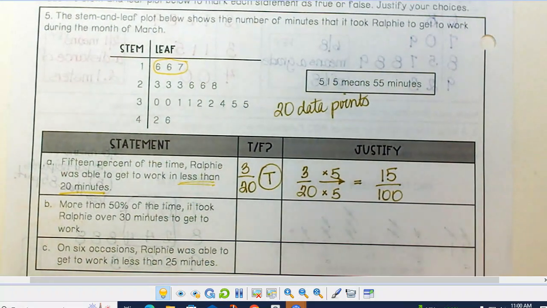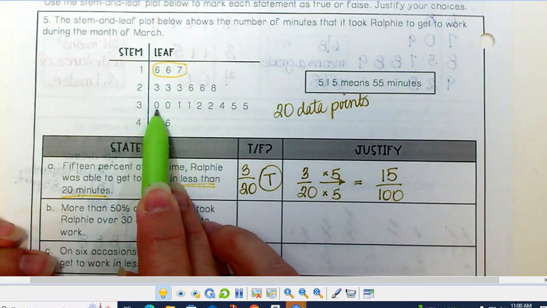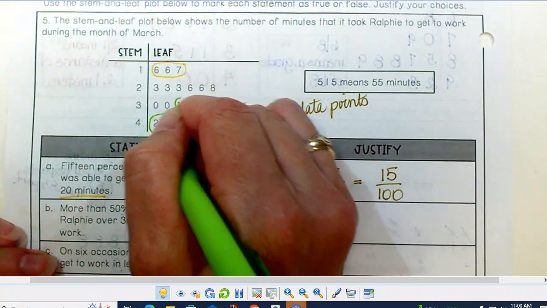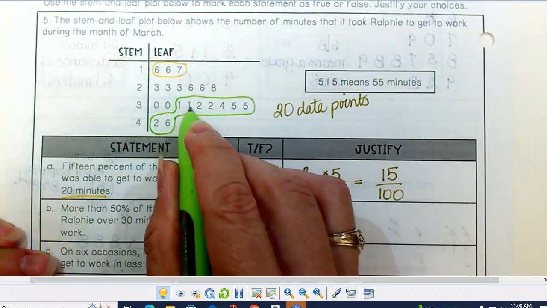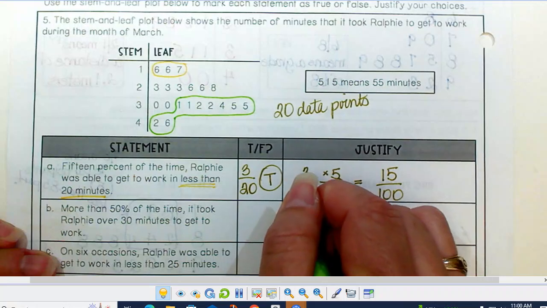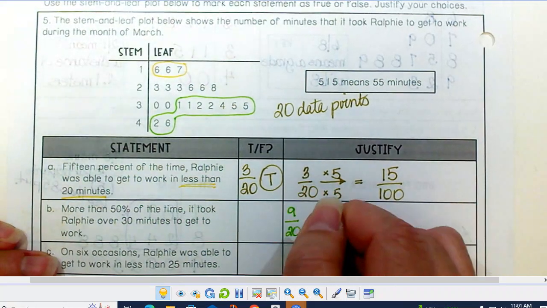More than 50% of the time, it took Ralphie over 30 minutes to get to work. Let's look at any time it took him over 30 minutes. This is 30 minutes. That's not over 30 minutes. It's 30 minutes exactly. This is 30 minutes exactly, so don't count these 2. But I'm going to count these. That is 1, 2, 3, 4, 5, 6, 7, 8, 9 times out of 20.